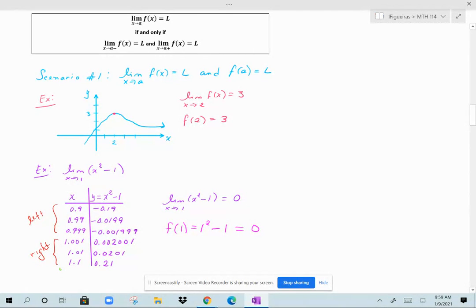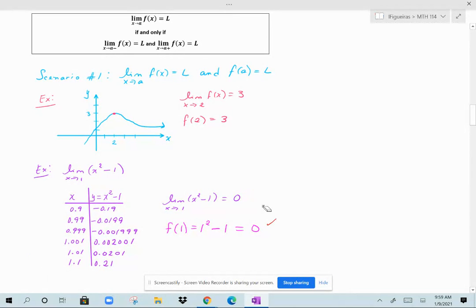And it looks like when I'm getting close to 1, these numbers keep getting closer and closer to 0 on both sides. So my limit value is 0, but my function, if I plug in f of 1 into my function, 1 squared minus 1, it's in the domain, 1 is in the domain, is also equal to 0. So we have a limit value and a function value that are equal.